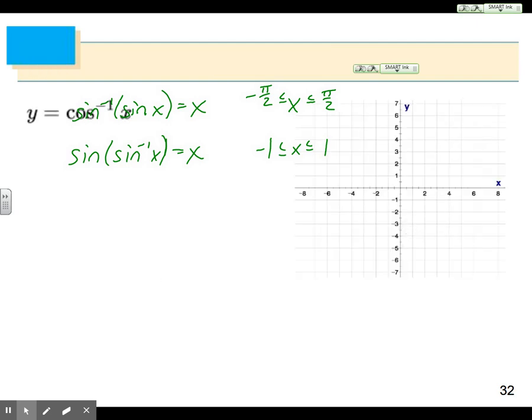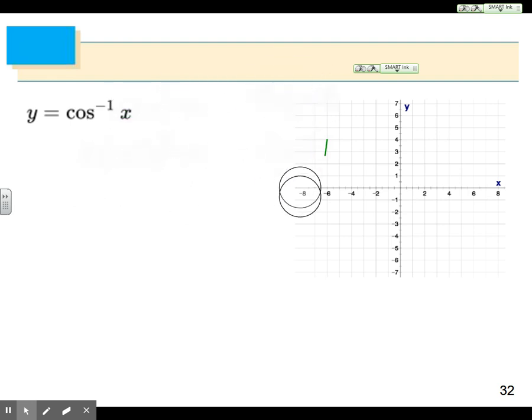Alright, let's talk about cosine. Using the same argument that we used a while ago, remember cosine is going to be this wavy line that goes from left to right. Fails the horizontal line test miserably. And so what we have to do is just start shaving it down from both sides until we're able to finally get it to pass the horizontal line test.